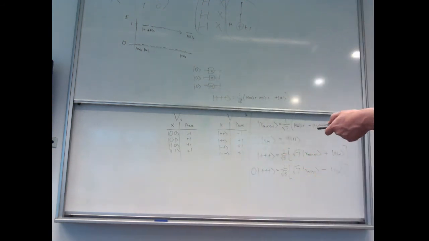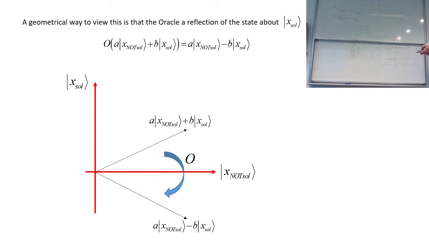Okay, all right. There's a great way of understanding what this operation does geometrically. It turns out that in Grover's algorithm, you can write everything in terms of these two states that we just defined. So the whole thing evolves in this two-dimensional subspace.